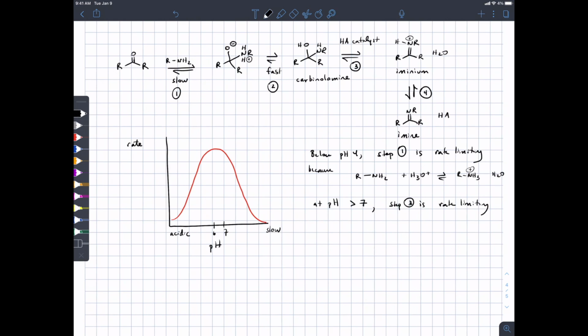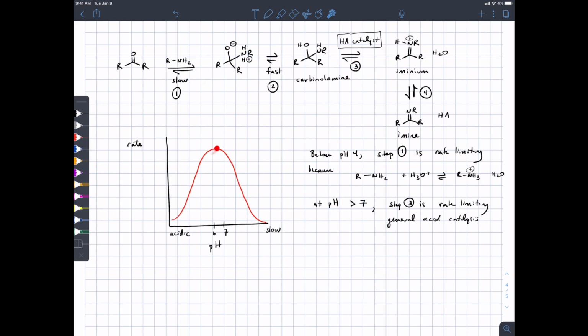If step 3 is rate limiting, then this is general acid catalysis. And the issue here again is, do you have enough acid to make step 3 faster?